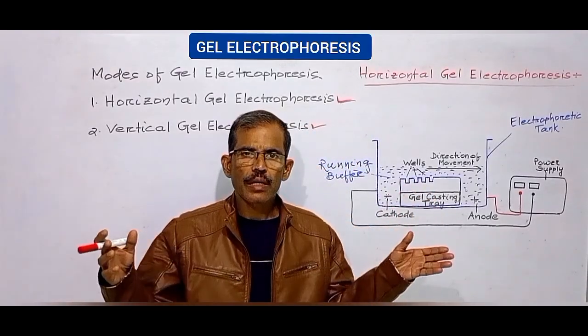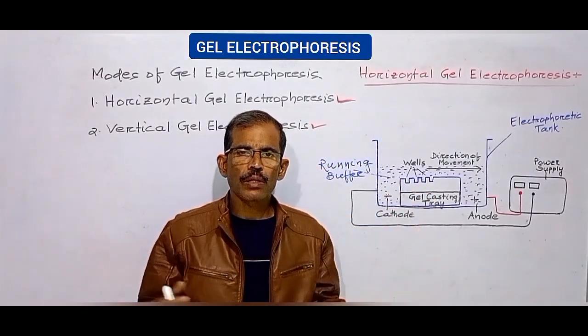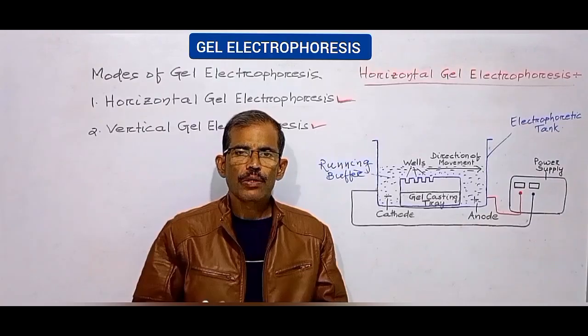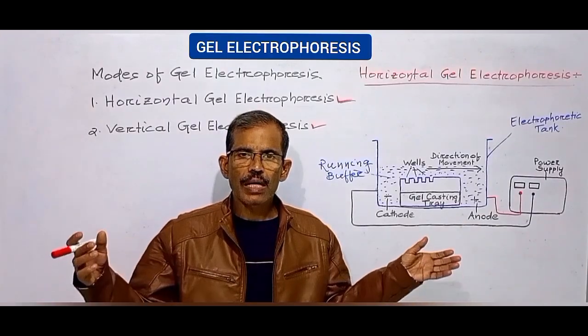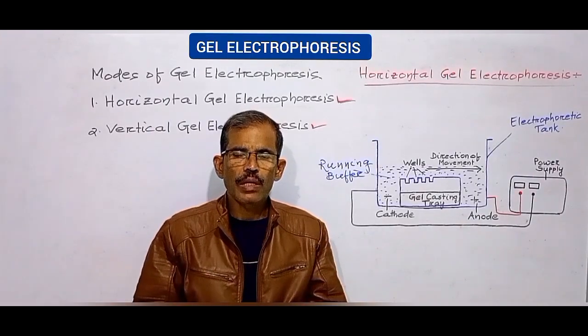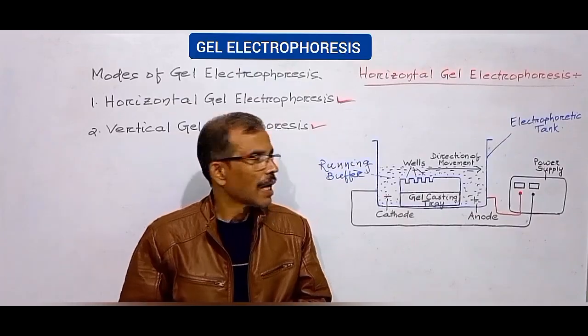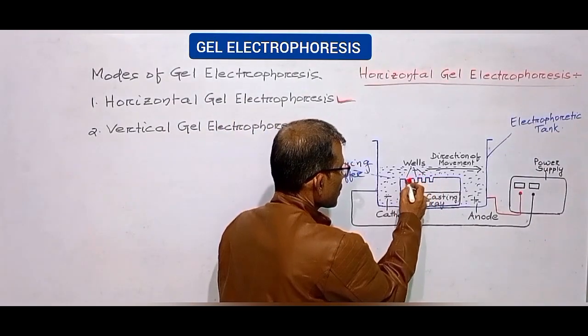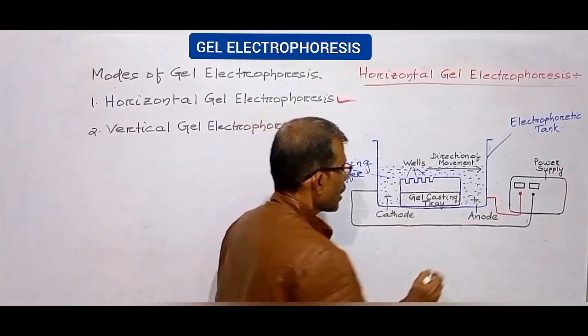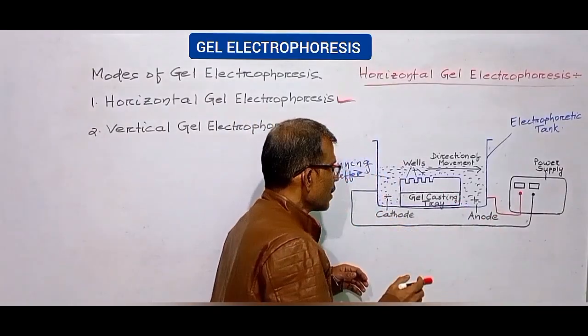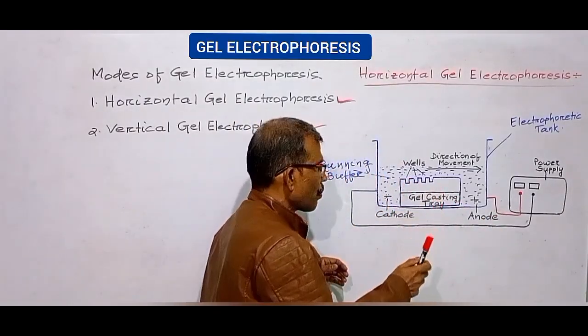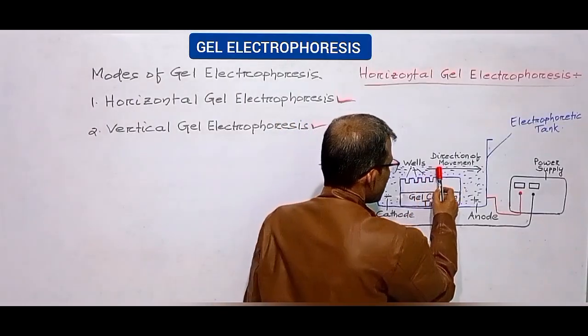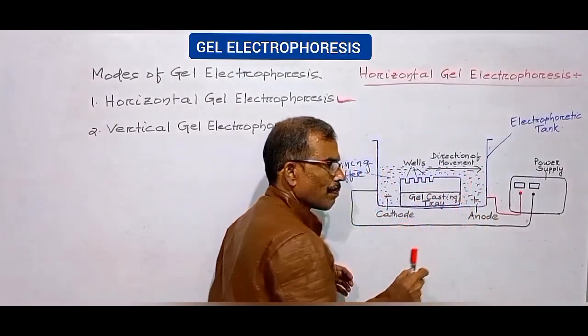In this technique, the running buffer solution also serves to cool down the gel as it heats up during electrophoresis. After placing different samples in the sample application wells, when the current is supplied, the charged sample components migrate in a horizontal direction.